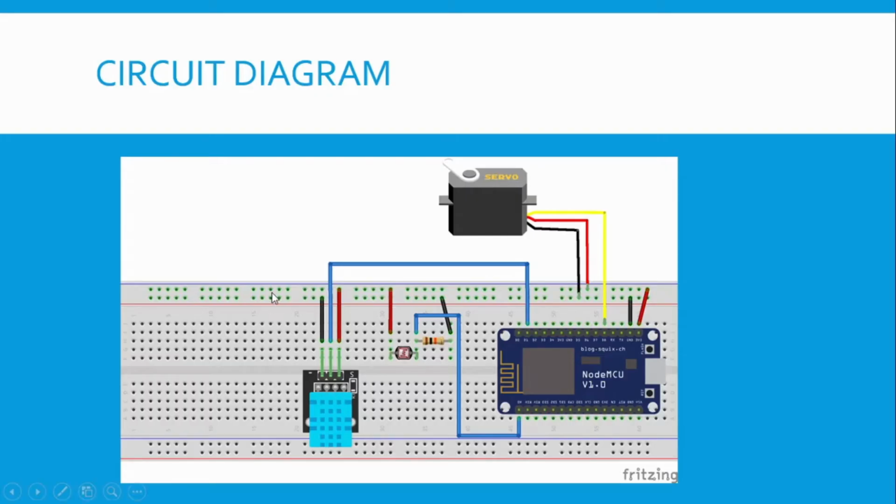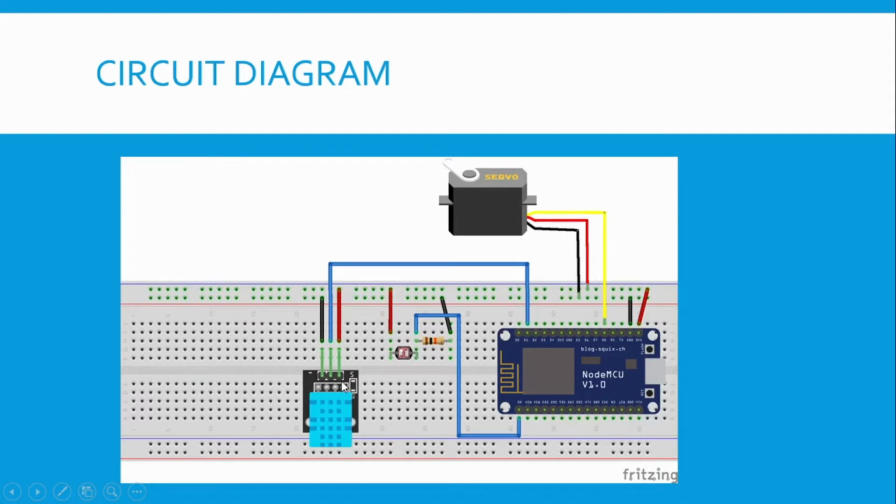In the circuit diagram of this project, we can see the NodeMCU is connected with the LDR sensor through a 10k ohm resistor, and A0, the only analog pin of the NodeMCU, is getting the analog data from the LDR sensor.